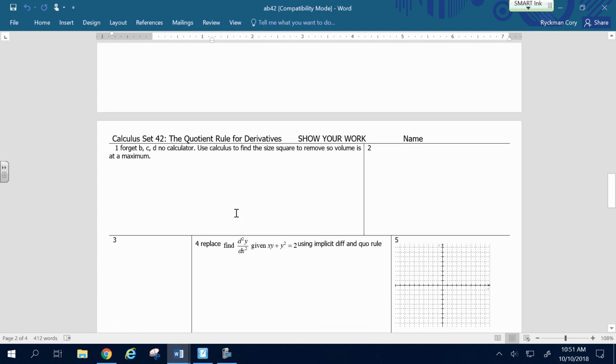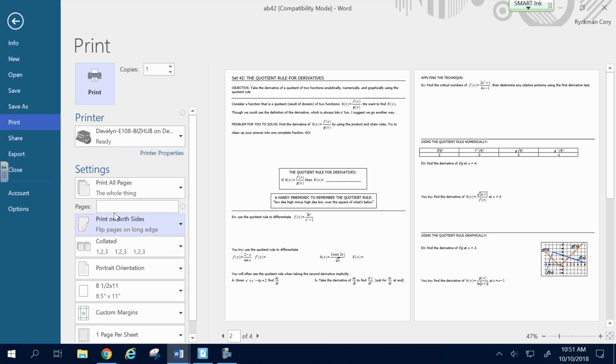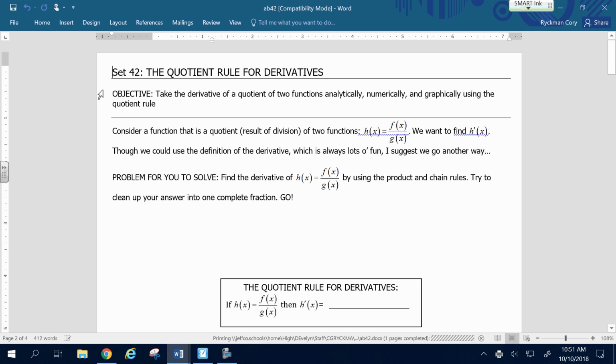Can I see how you do this one? If I make the domain x plus greater than or equal to that, is this right? Square root of 2 screws everything up.